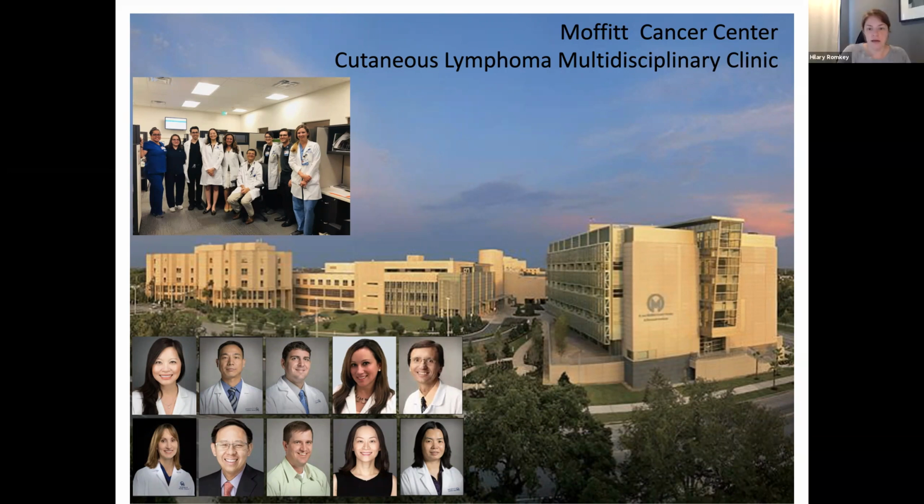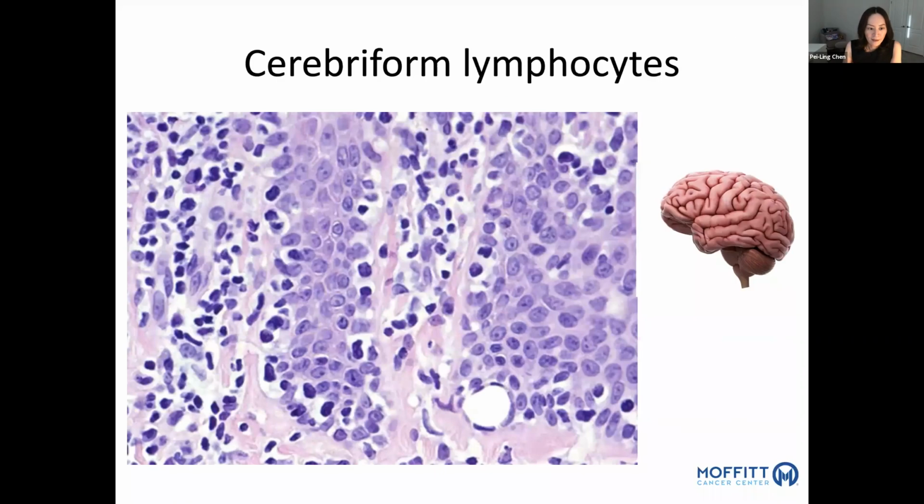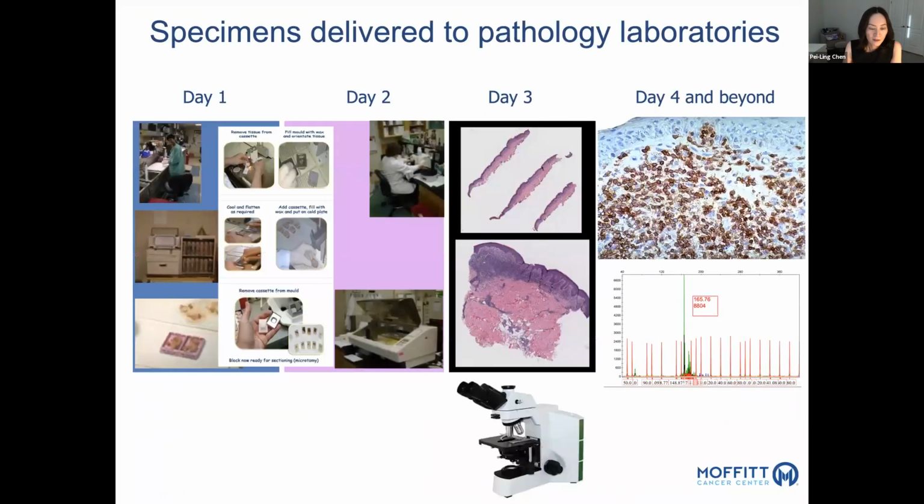How long do I have to wait until I get my results back? Depending on what's done, with just the H&E and IHC, we can probably get this within 3 to 4 days.